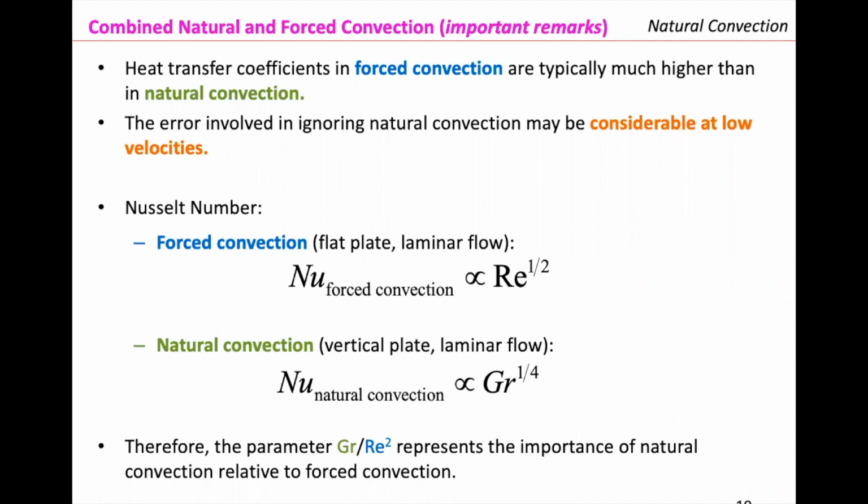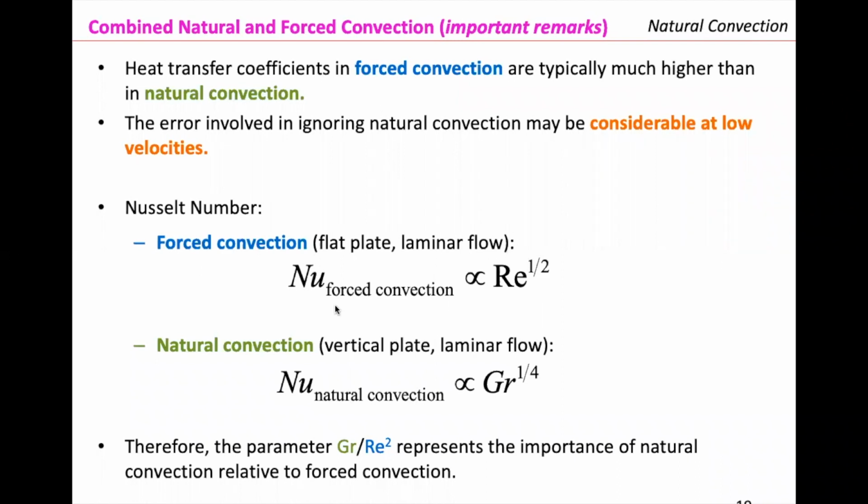So just as a recall, we have already discussed this: if we imagine that we have a flat plate, the Nusselt number in forced convection is proportional to Reynolds to the 1/2, whereas in natural convection it is proportional to the Grashof to the 1/4.